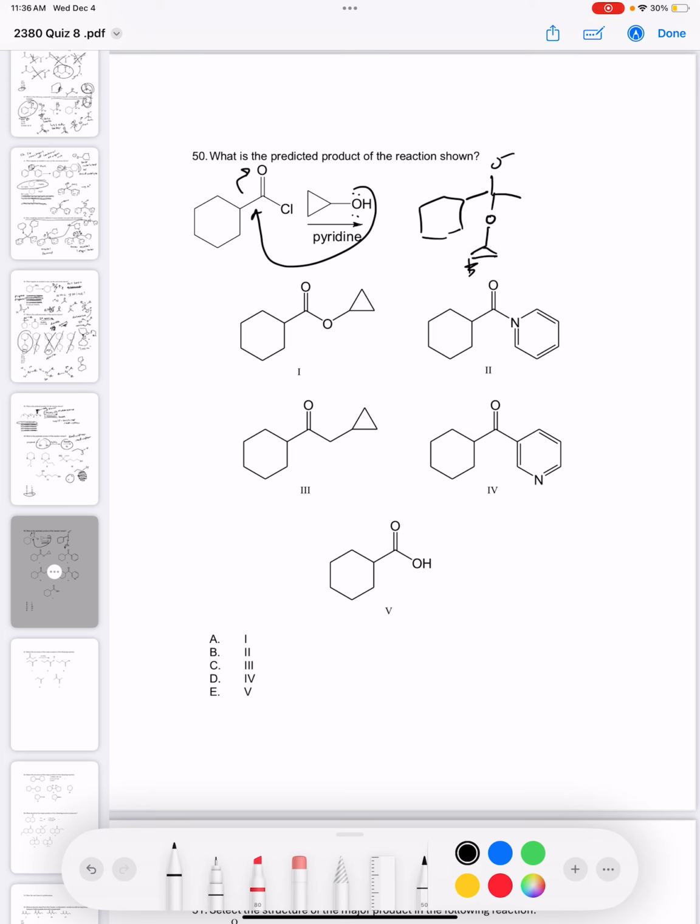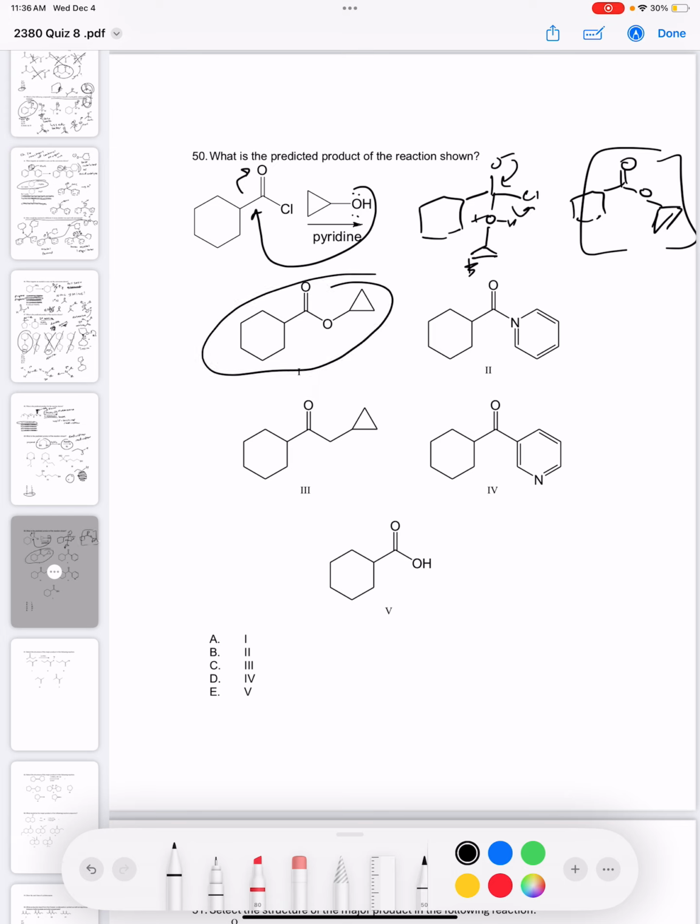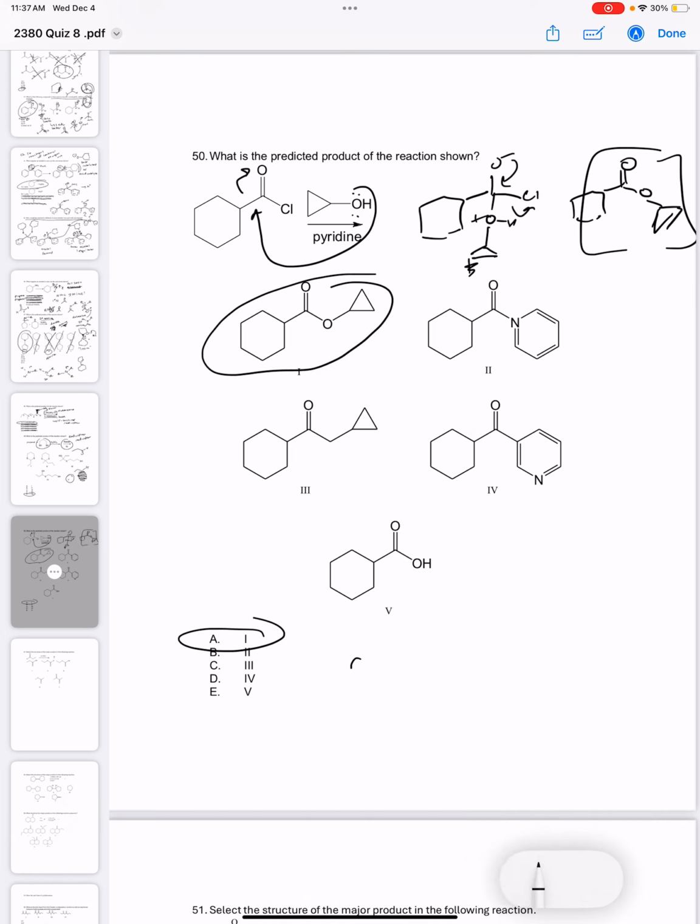And then your Cl, and then this comes back down and kicks out, and you get O, and then the base scavenges. This would have been protonated. Base scavenges it, but basically you end up with this. And so that's answer choice A. So this is just converting an acid chloride to an ester. So that's from chapter 17.